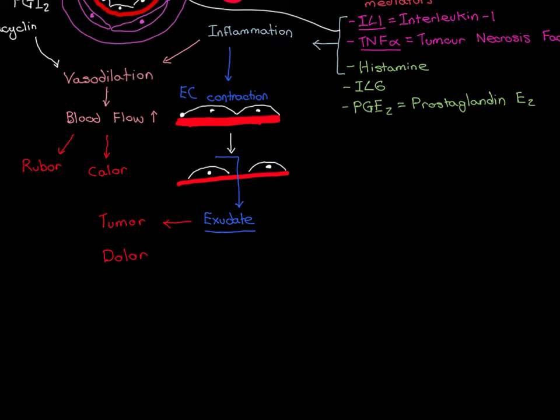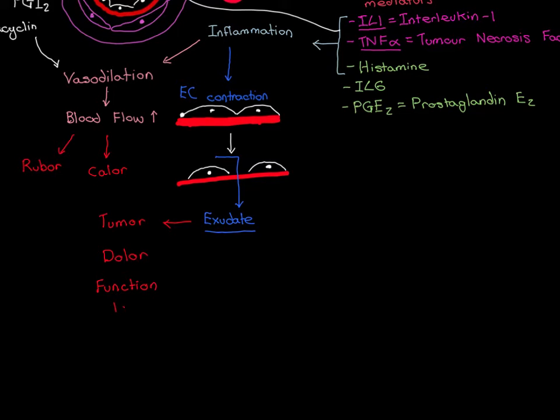Some people add a fifth pillar of inflammation. It wasn't in the original description of the pillars of inflammation, but often people put a fifth one, which is loss of function of the affected area, which I think in Latin is functio laesa, and I won't attempt to spell that in Latin, so I'll put that one in English. So the final pillar of inflammation is function loss.